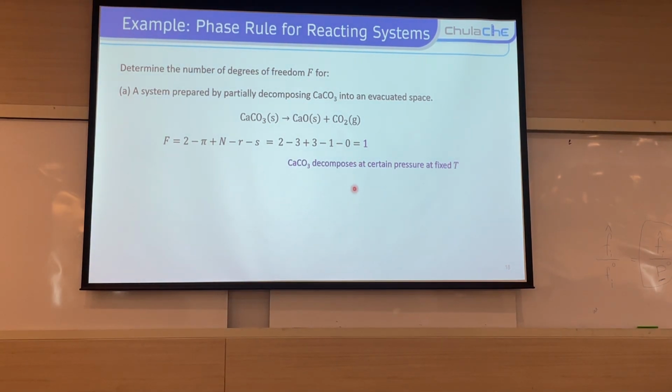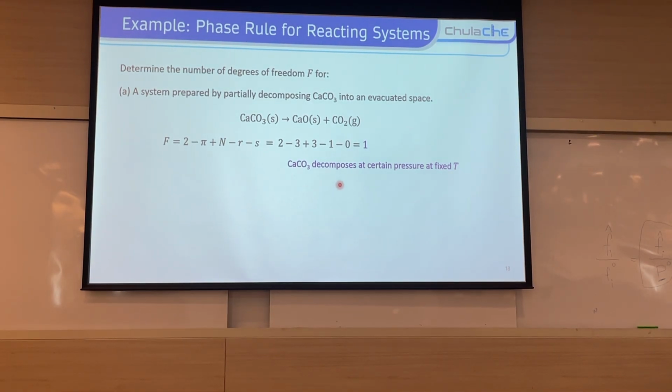It means that, as I said, I try to explain the meaning of the equilibrium. If you fix the pressure at a certain pressure, the calcium carbonate will decompose at a fixed temperature because you have only one equilibrium.